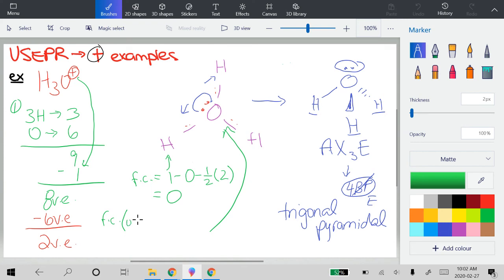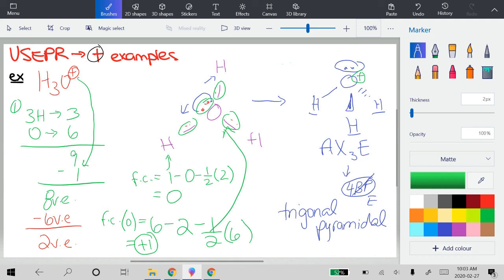So oxygen likes to have 6 minus 1 pair of lone electrons, so that's 2 lone electrons, minus half of 2, 4, 6 bonding electrons. So 6 minus 2 minus 3 leaves us that +1 that we wanted. So that means that this oxygen has a positive charge there.